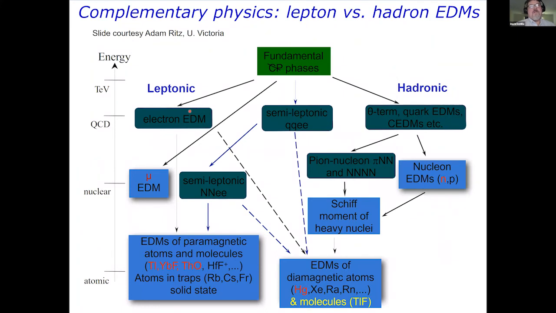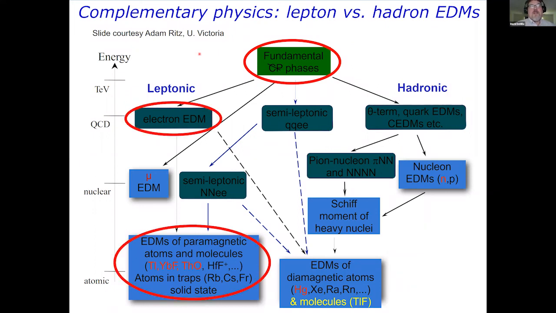I won't try to go through this in detail, but starting from any sort of fundamental CP violating phases due to some new physics, that can show up in leptons like the electron and give an electron EDM or something related. But it can also show up in hadrons.